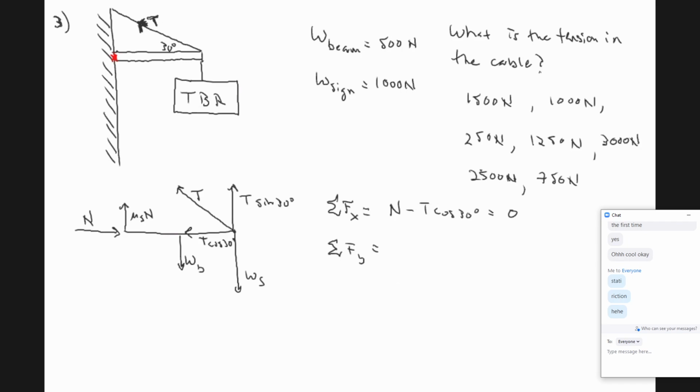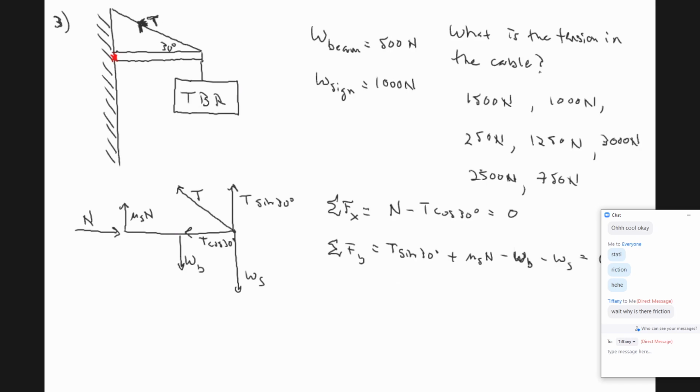So the up force arrows are T sine of 30 plus mu s times N minus weight of the beam minus weight of the sign. I'm just abbreviating S and B for short, not writing out the whole sign and beam.